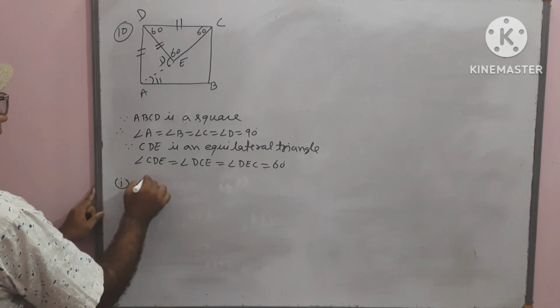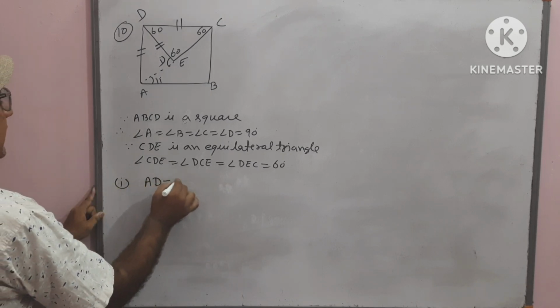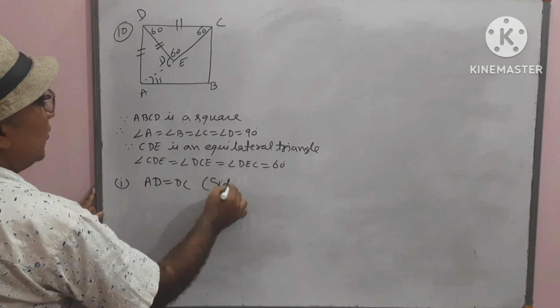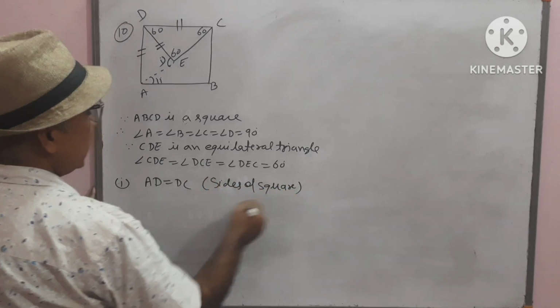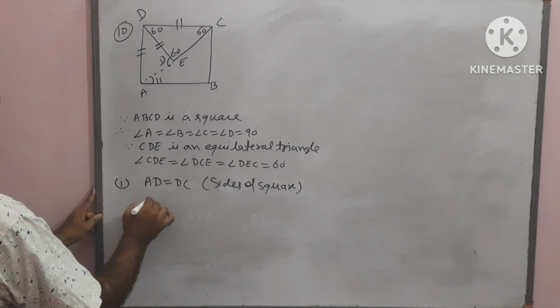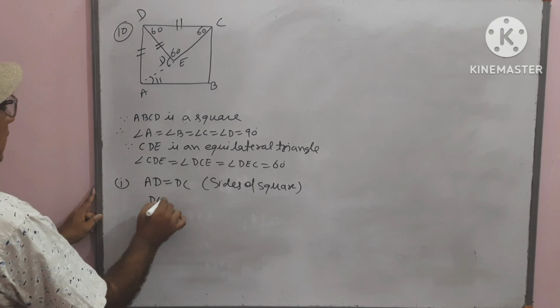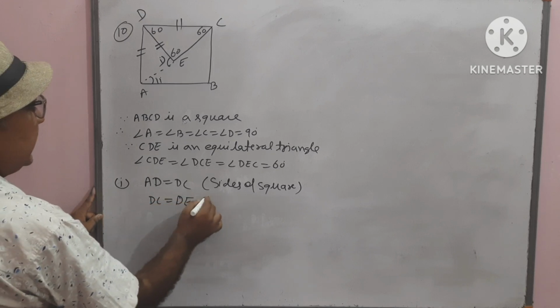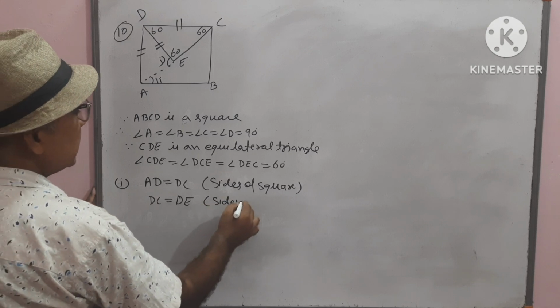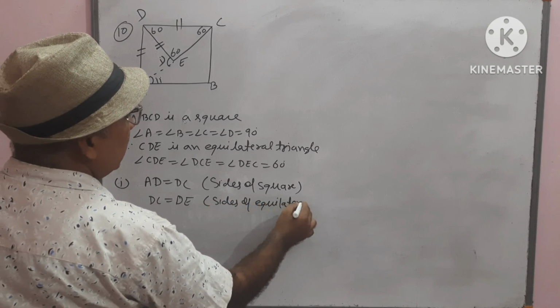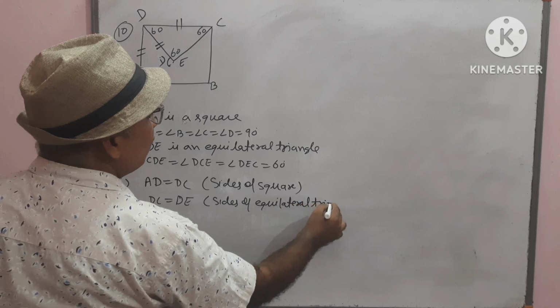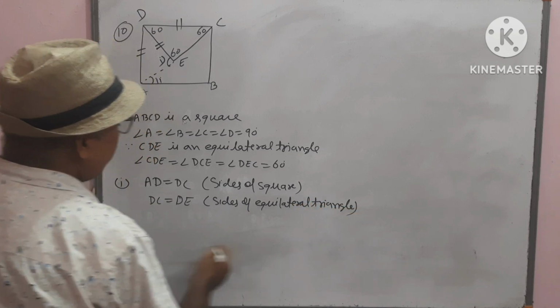Notice carefully. AD is equal to DC. Why? Sides of a square. And then DC is equal to DE. Why? Sides of an equilateral triangle. Okay.